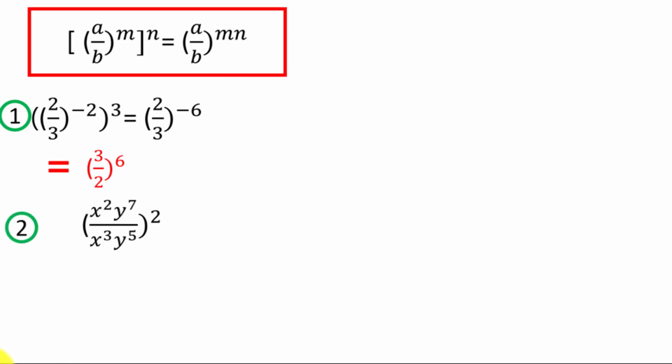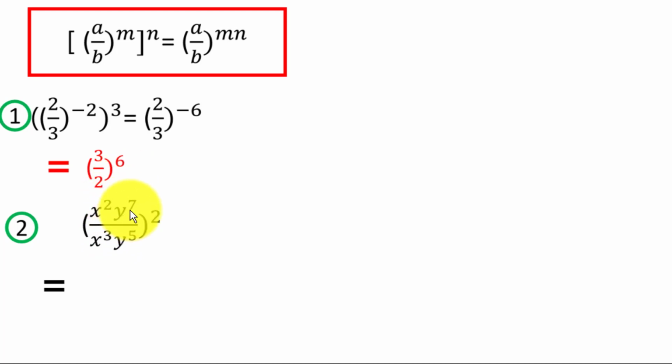If we have the expression (x squared y raised to the power 7 over x cubed y to the power 5) all squared, and we need to simplify it, just simplify inside the brackets, then deal with the outside power. X squared divided by x cubed is x raised to the power negative 1; just subtract the two powers.